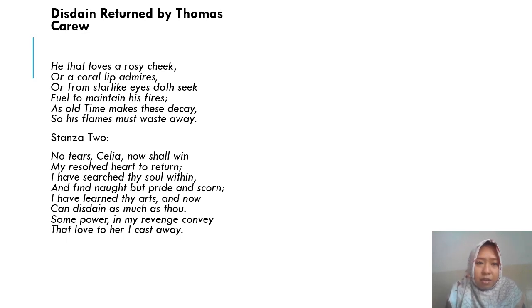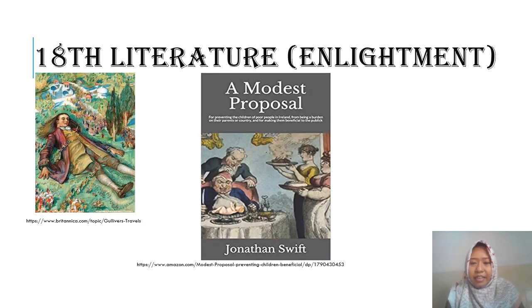It's about something that does not have any correlation with religion. The Cavalier poem is the poem written by the royalists loyal to Charles I. Okay, that's all about the 17th century literature.